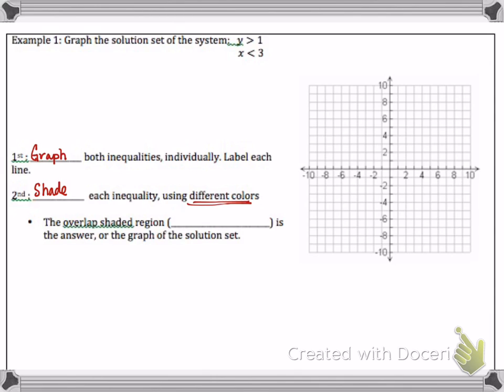So we'll start with y is greater than 1. Hopefully you remember HOY, VUX: a y equal to line is a horizontal line. So we want a horizontal line at y is equal to 1. But it is a greater than, so it is not included, so it should be dashed.